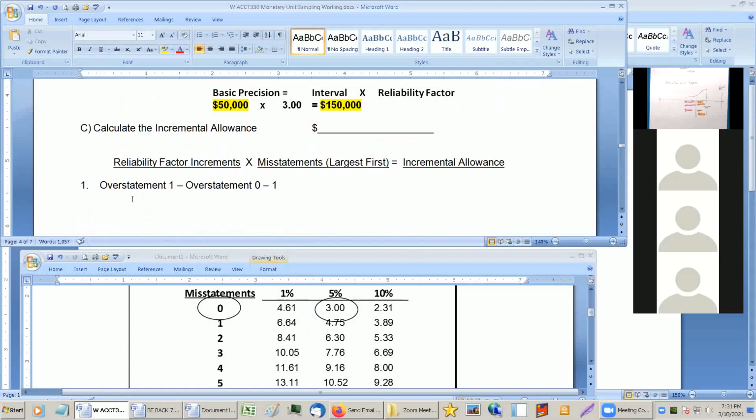Well, overstatement 1 would be 4.75 minus overstatement 0, which is 3.00.